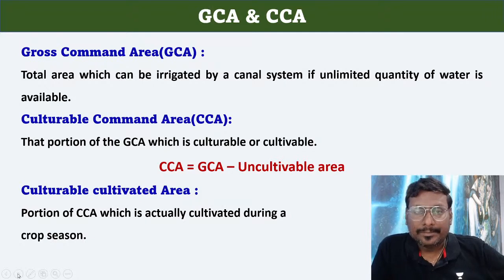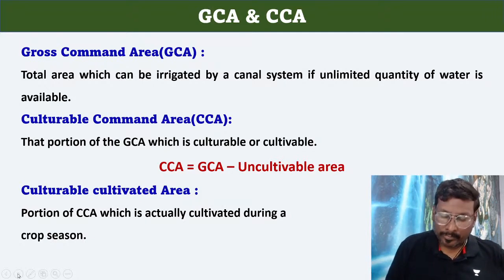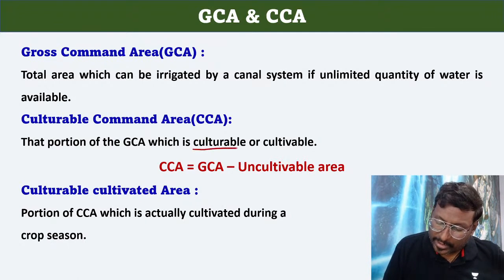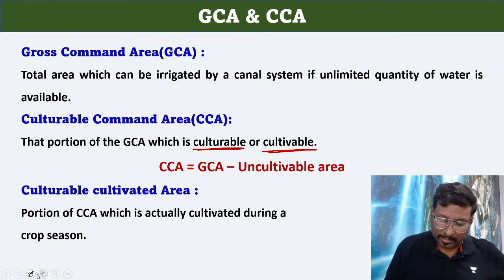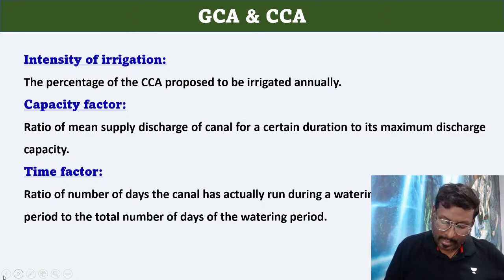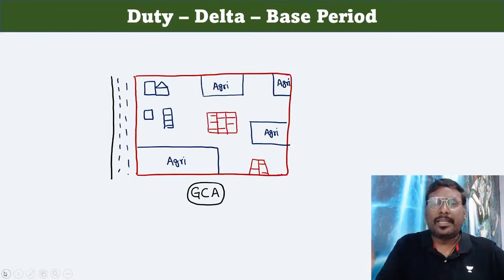Cultivable command area: the portion of GCA which will be cultivable, after excluding all the residential area.